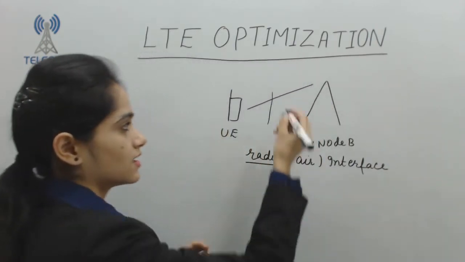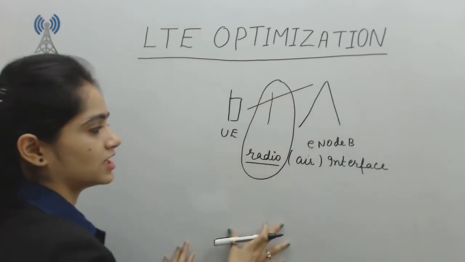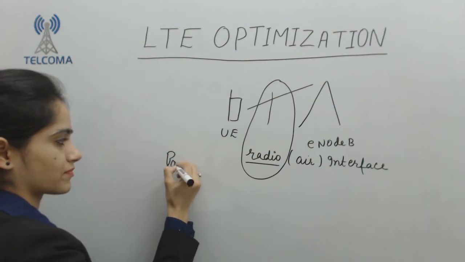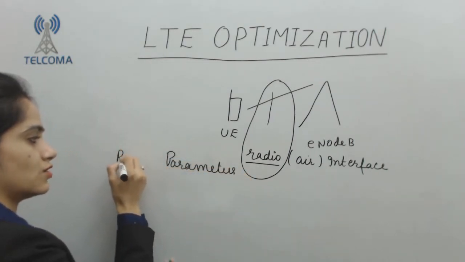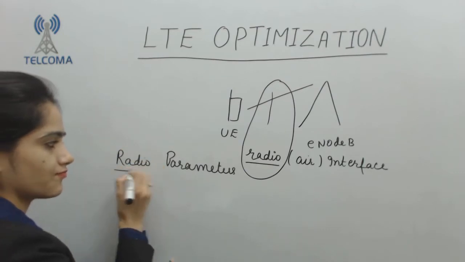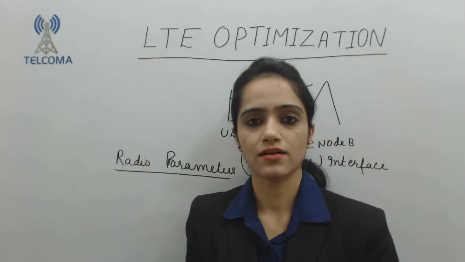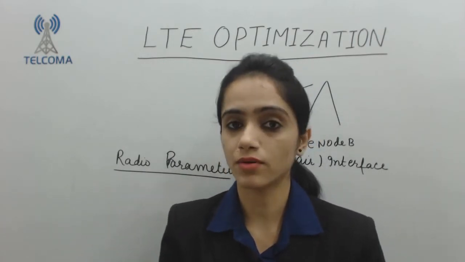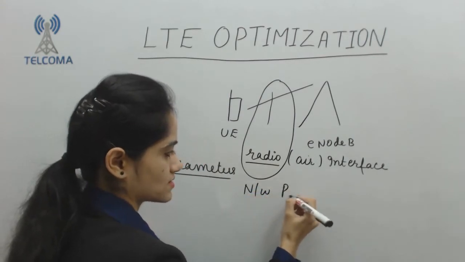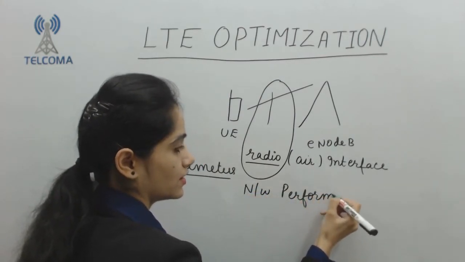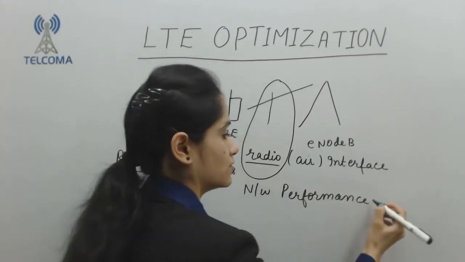So the radio interface or air interface has many parameters, which are known as radio parameters. Radio parameters or radio link quality result in network performance. Now, we require that my network performance should be good.